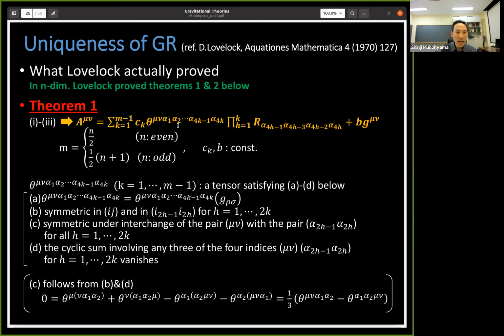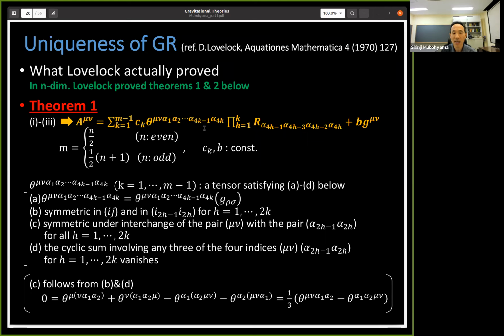Small m is given by this, so that m minus 1 is the upper limit of this sum, depending on n, the number of dimensions. Depending on whether we are in 4, 6, or 8 dimensions, or 5, 7, 9 dimensions, m is a bit different, but there is an upper limit. In 4 dimensions, we have just one term here, coming from here.